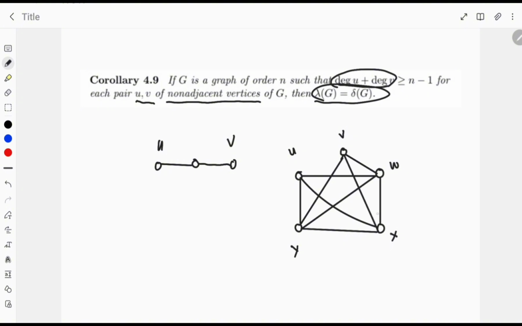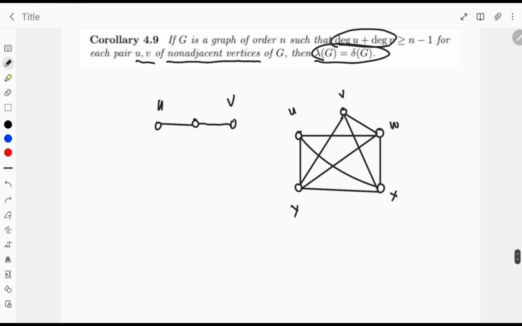Okay, we have 1, 2, 3. So because of this, the degrees are 4, 4, 4, and also 3 for their degree. Okay, so let's have degree of U equal to 3 plus degree of V equal to also 3 is greater than or equal to n minus 1, where n is equal to 5 minus 1. So we have 6 greater than or equal to 4.